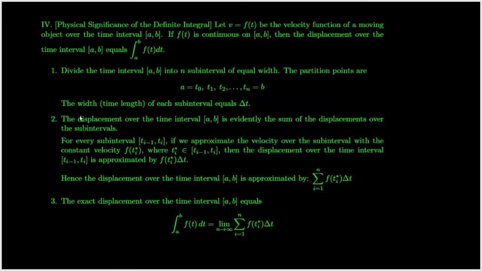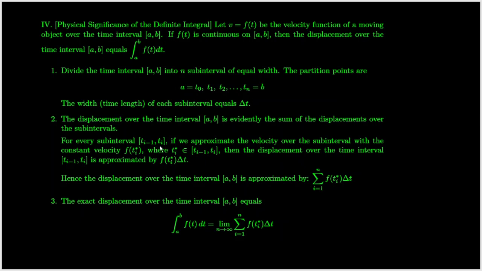Step 2. In this step, we'll approximate the displacement over the time interval from a to b by the sum of approximations of displacements over the subtime intervals. The displacement over the time interval from a to b is evidently the sum of the displacements over the subtime intervals. If n is large, then the width of the subintervals are tiny.